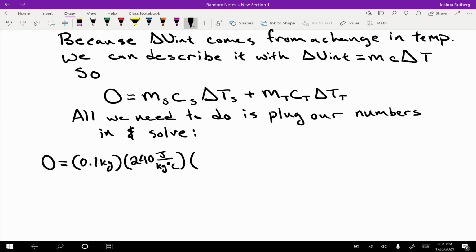Times change in temperature. Well, the change of anything, delta T, is always going to be equal to the final minus the initial. That's just what it means to be the change. So the final is what we're looking for, minus the initial temperature of the spoon, which was 10 degrees Celsius, plus the mass of the tea was 0.4 kilograms.